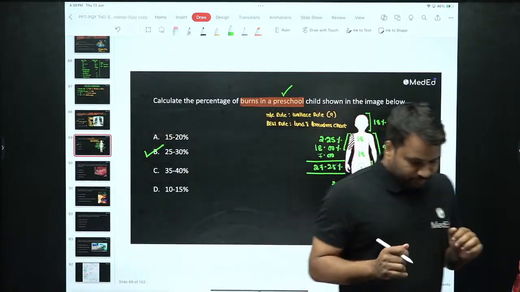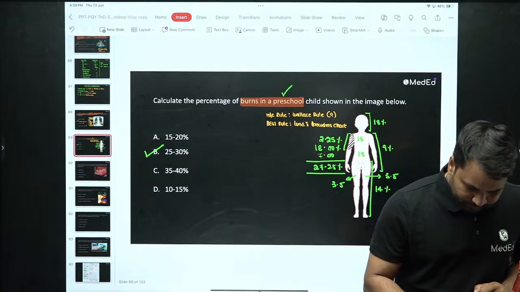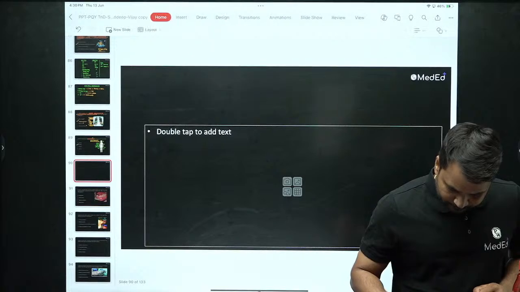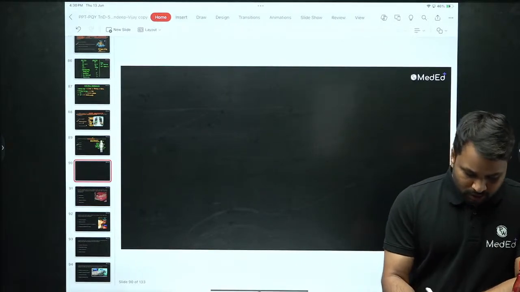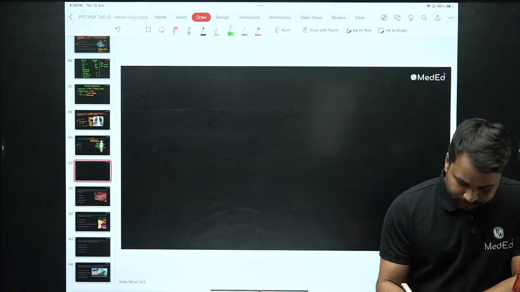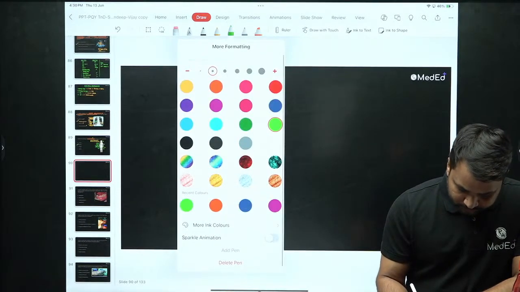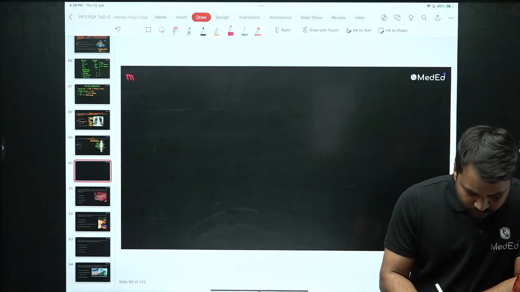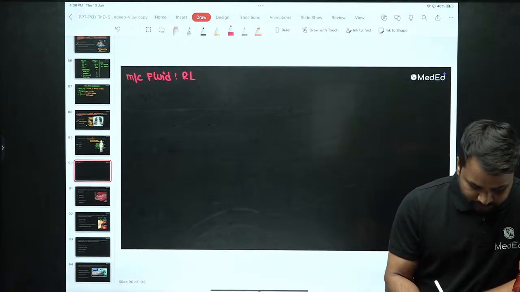Now, a couple of important questions that can be asked here. Now when you talk about fluid, the most common fluid for resuscitation would be your Ringer lactate, right?